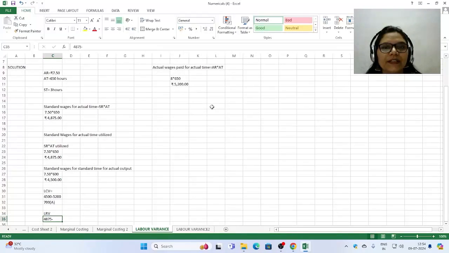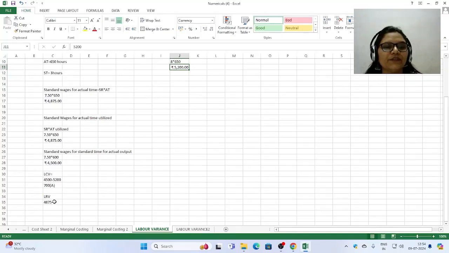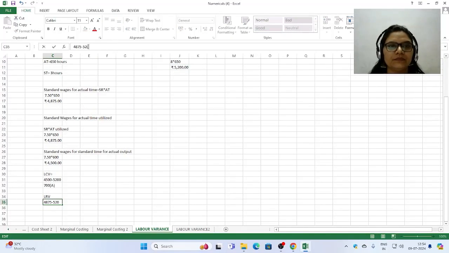So in this question, standard rate into actual time, we have calculated 4875, minus actual rate into actual time, which is calculated over here, 5200. So it is 4875 minus 5200, which is 325 adverse.